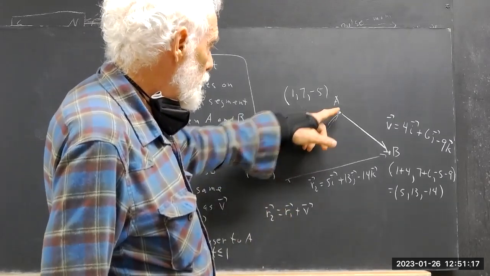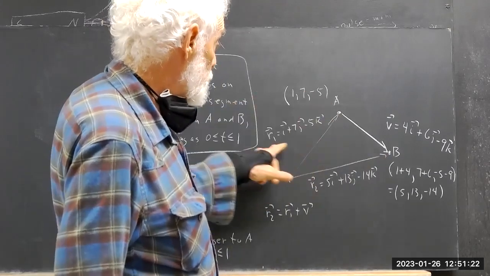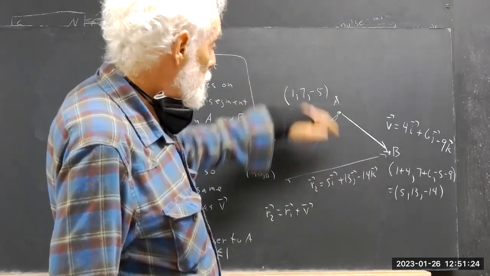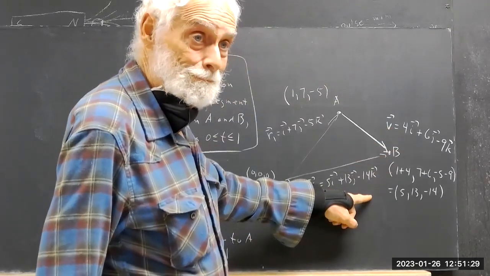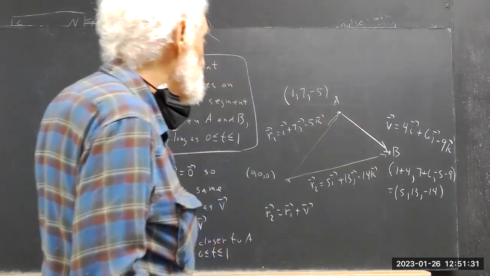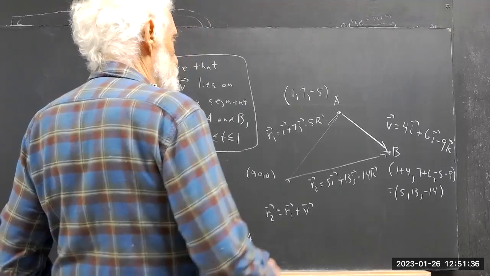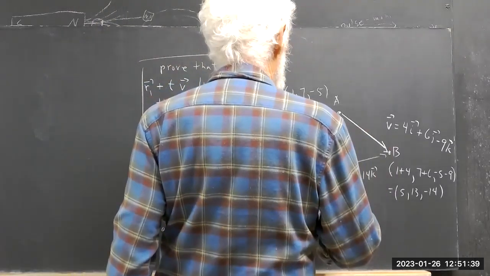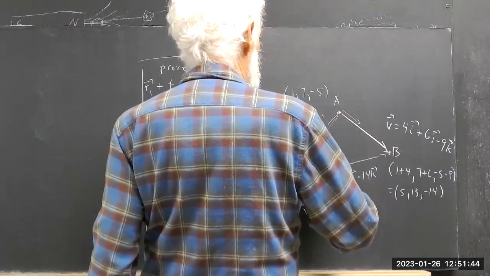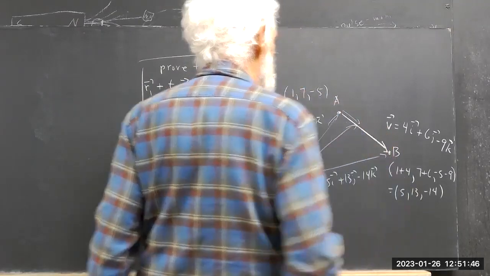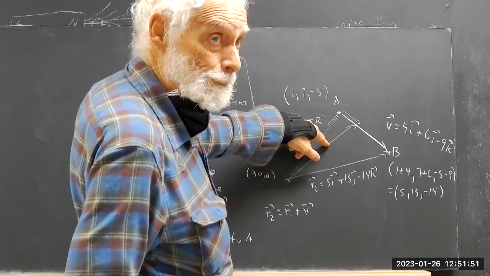Here's the origin, here's an R vector. The R1 vector goes from the origin to this point, the coordinates obvious. We add that to the V vector, we get the R2 vector. If t is some number between 0 and 1, then we're adding a vector that's somewhat shorter than V. Makes sense.